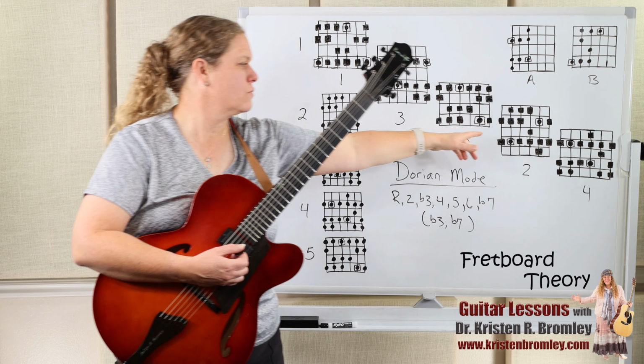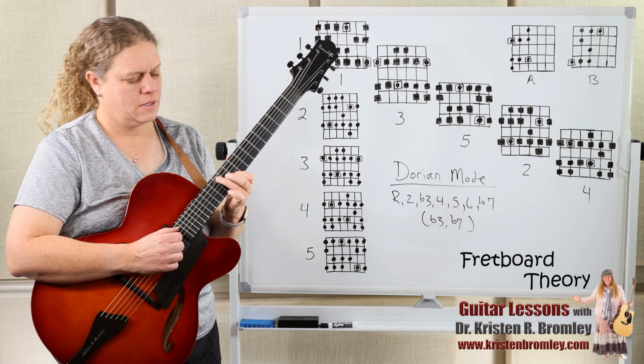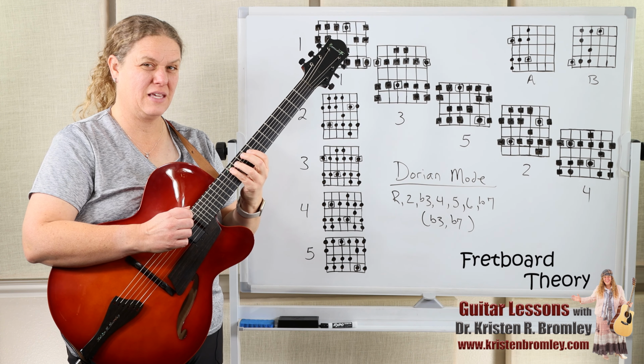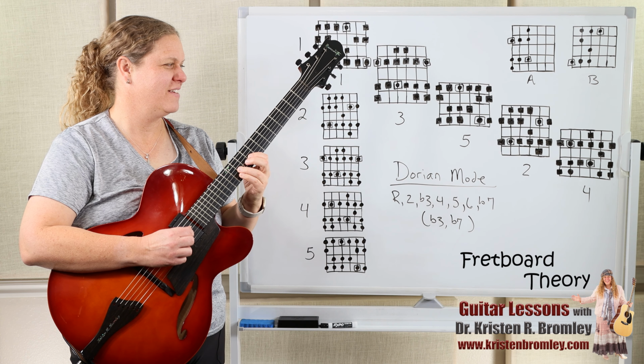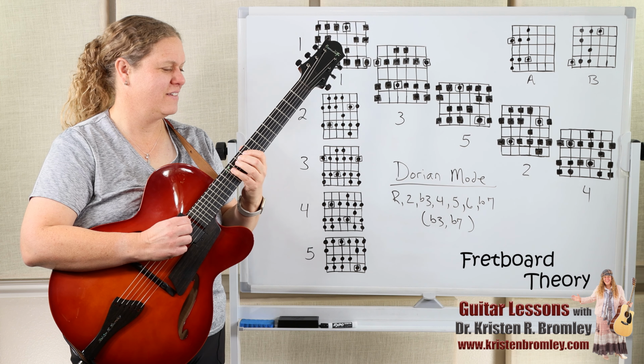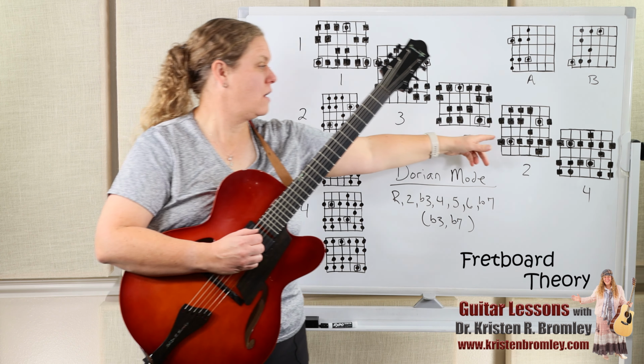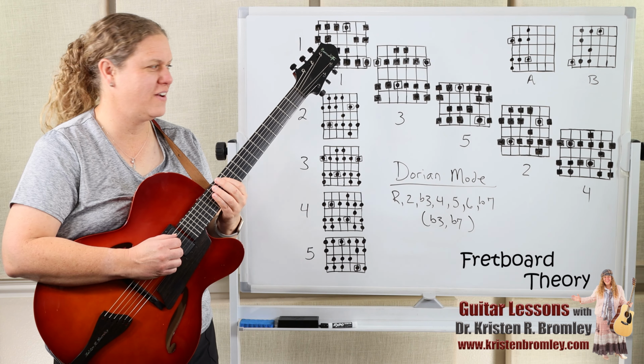Or we've got the root at the 12th fret of the 5th string where you can start with your pinky. I'm going to do that. And then from there, our index finger on that 12th fret.